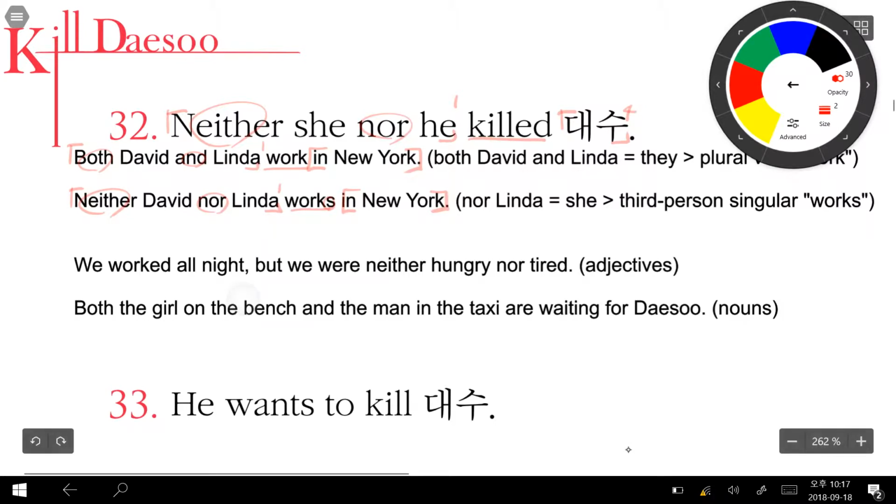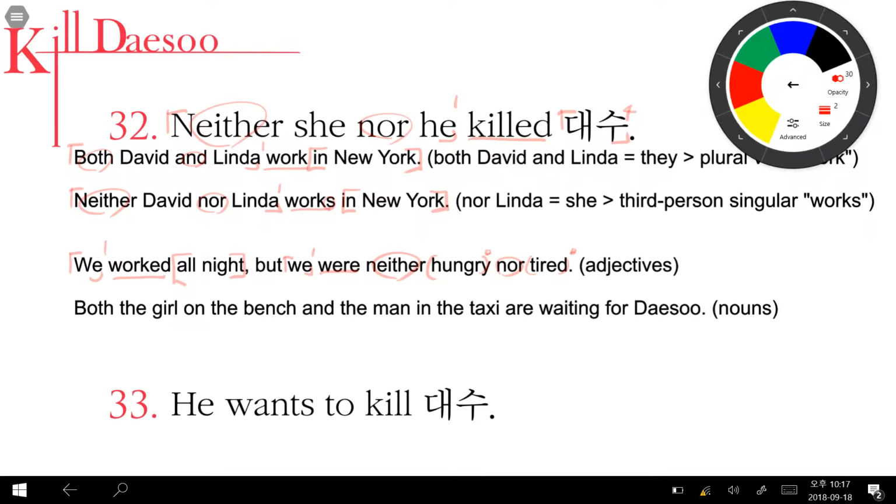We worked all night, but we were neither hungry nor tired. So you can see that neither nor connects two adjectives.